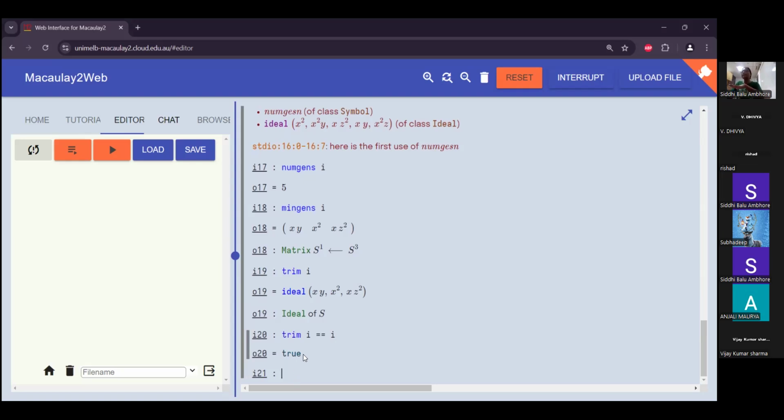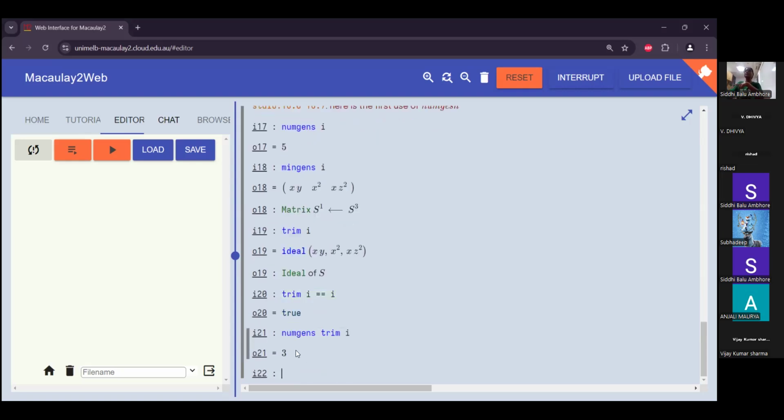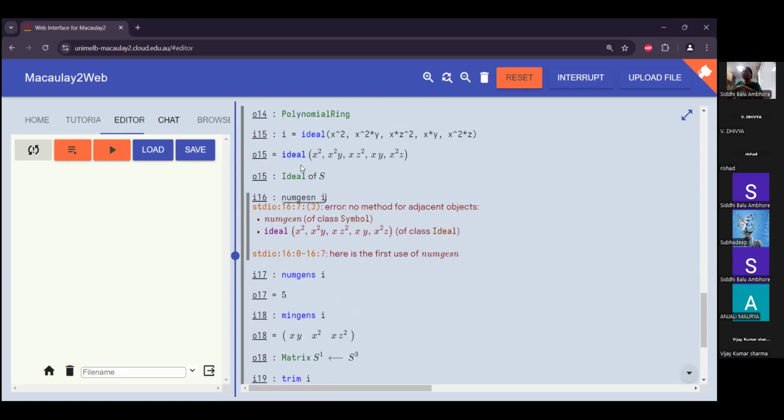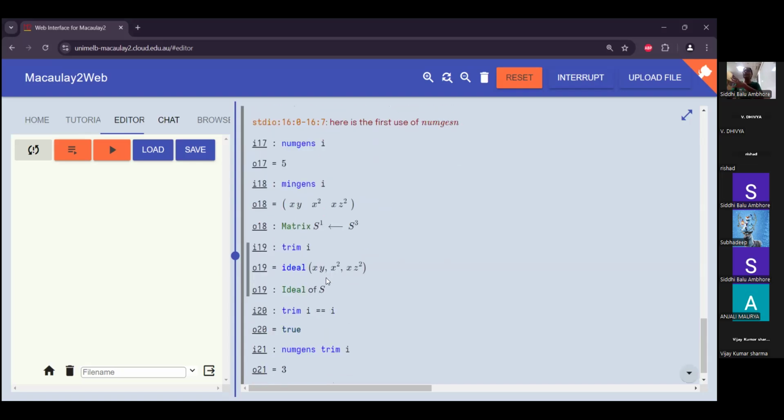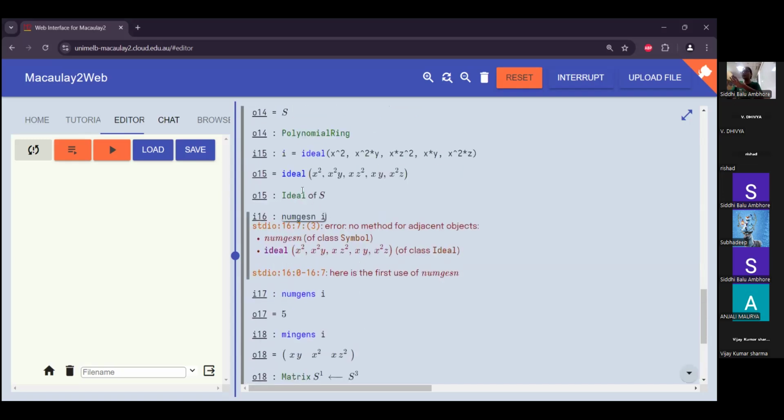But when I write numgens of trim I, it gives me 3, so it now considers it as an ideal generated by 3 elements. It is actually I, but generated by 3 elements. When I write numgens of I, it gives me 5 because I defined this ideal I with 5 generators.